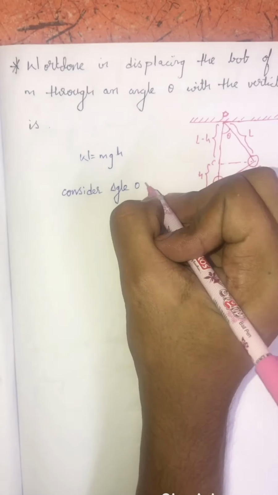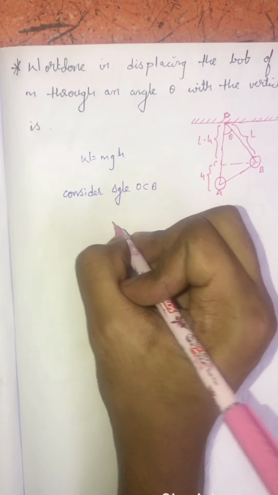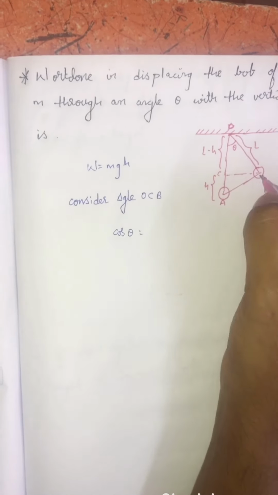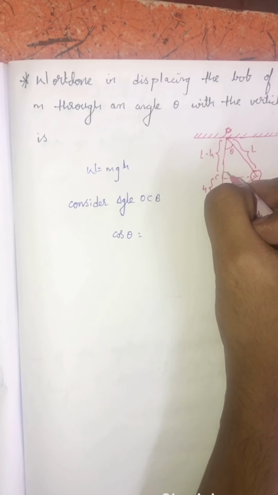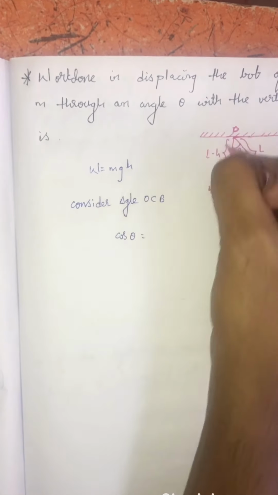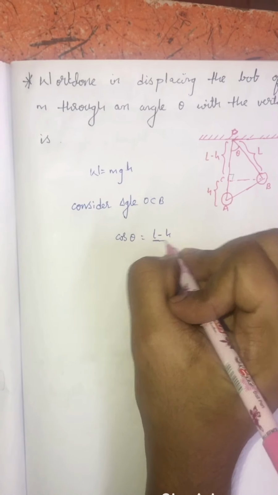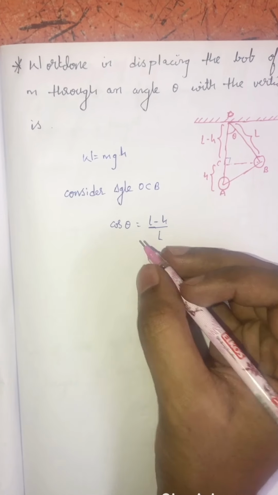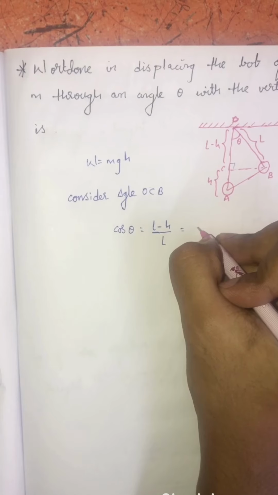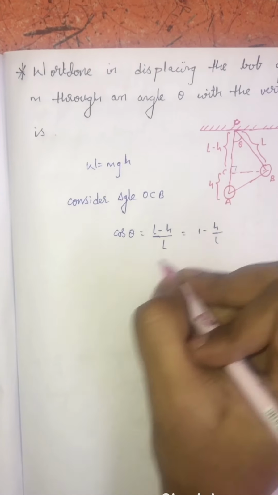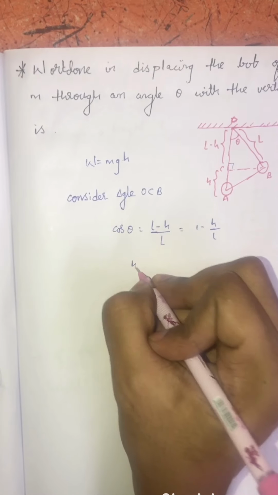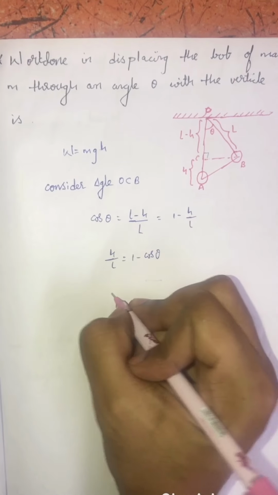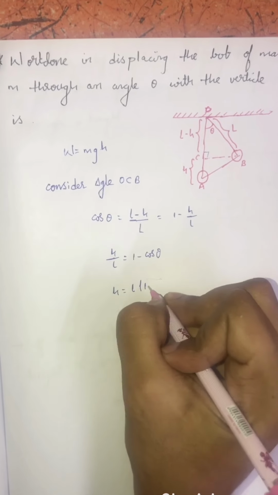Here cos theta will be equal to adjacent by hypotenuse. So right triangle, adjacent L minus h, hypotenuse that is length L. So cos theta will be equal to 1 minus h by L. h by L is equal to 1 minus cos theta. Then h will be equal to L times 1 minus cos theta.